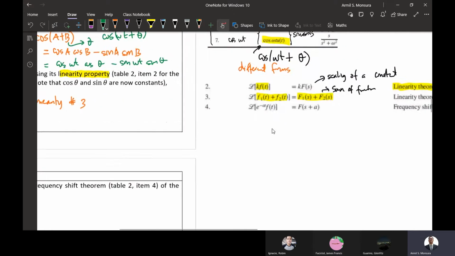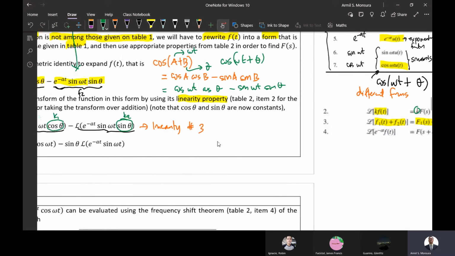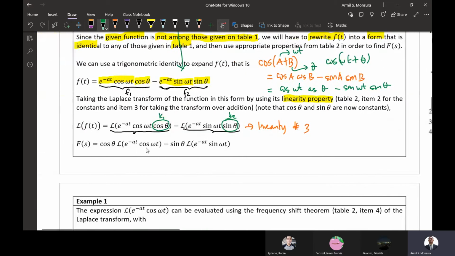Okay, and again, by the linearity theorem on scaling of a constant, pwede nyo ilabas yung constant na yun. So that, dito sa second statement natin, itong constant na to, ilalabas natin siya dun sa Laplace form. Kaya eto na siya ngayon. Ito, tsaka ito.